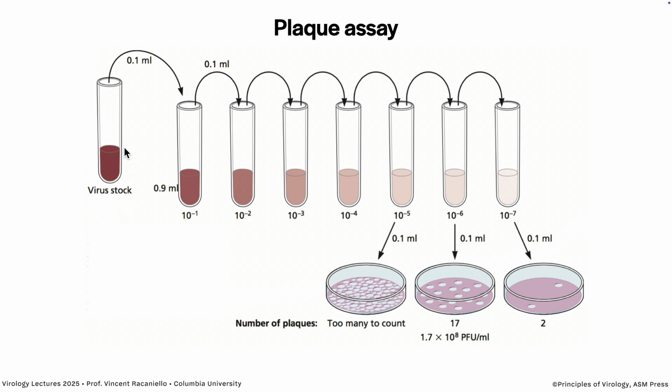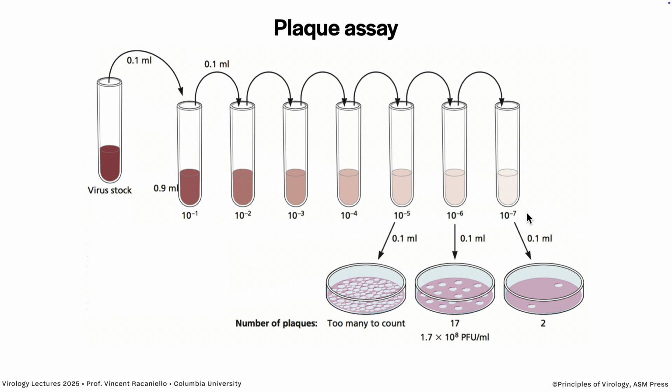So let's say I give you a tube of virus, and I say, tell me how much virus is in this tube. So what you do is you go back to the lab. You make tenfold dilutions in medium or PBS. You take 0.1 ml of the stock, you put it in 0.9 ml. That's the 10 to the minus 1 dilution. You do it again, it's minus 2. And you go, it depends how well the virus grows.